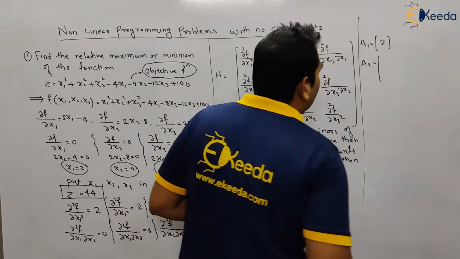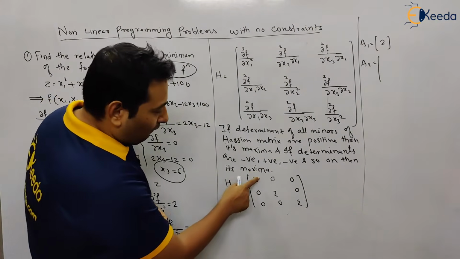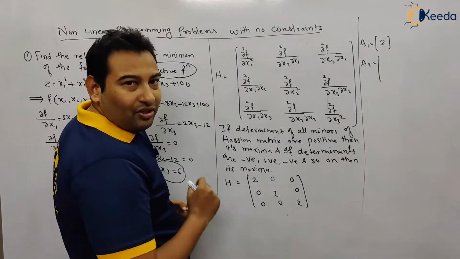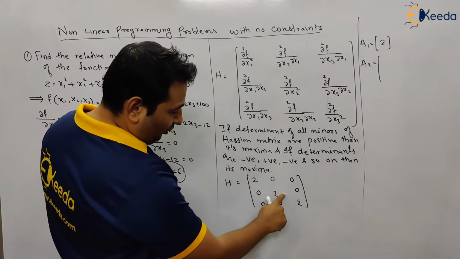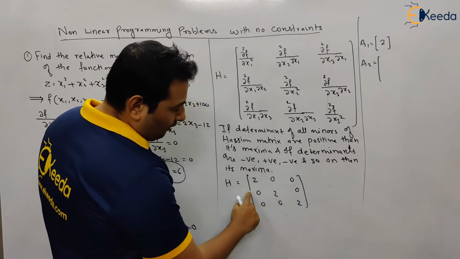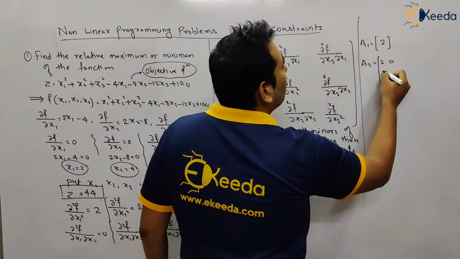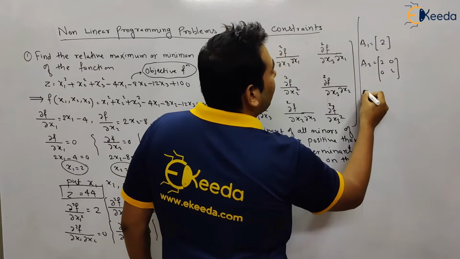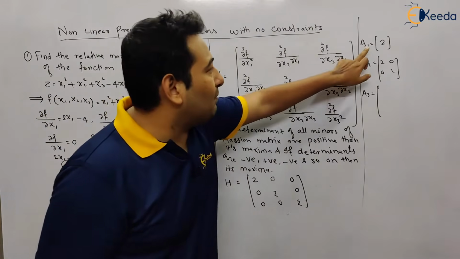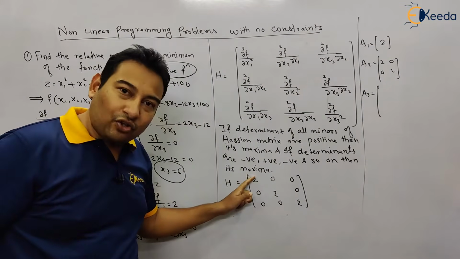Second minor means 2 rows, 2 columns, that is these 4. So that is 2 0 0 2. And A3 means the complete matrix, 3 cross 3. A1 means 1 cross 1, first row, first column.